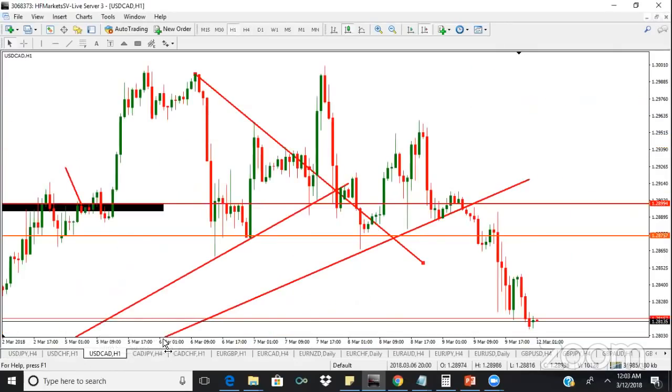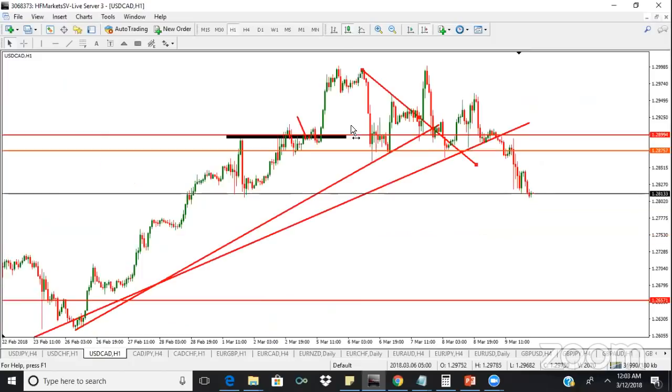The next one is UCAD. All the markup last week, you can see it has broken the trend line. This is coming down to about 140, 145.